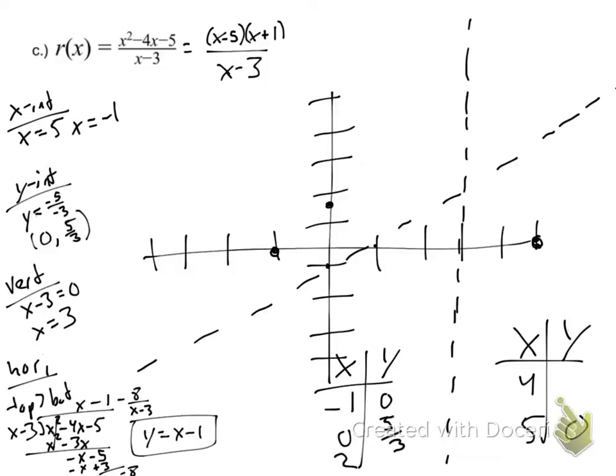Two becomes -3 times 3, which is -9, divided by -1, so it'll be 9. So someplace up here, right? So guess what? There's your graph. I plugged it into the equation.